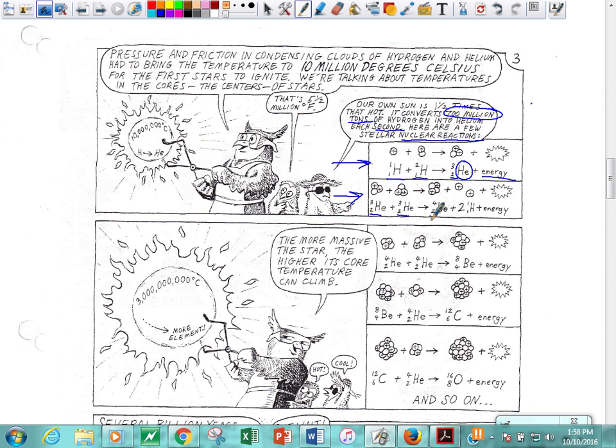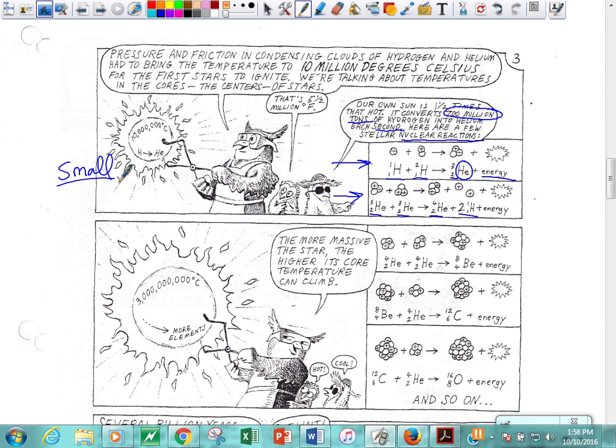Well, in this case, we made a helium and how many hydrogens? 2 hydrogens. And a lot of energy. So this is what happens in small or below average sized stars. Our sun exactly fits into this category. Hydrogen is burning by nuclear fusion and it's making helium.